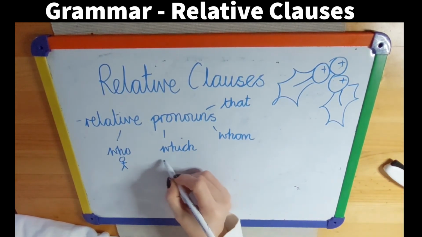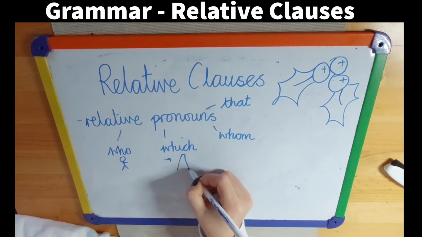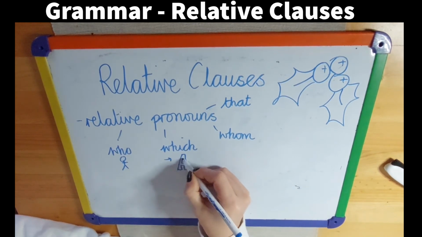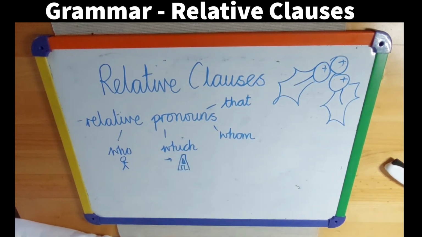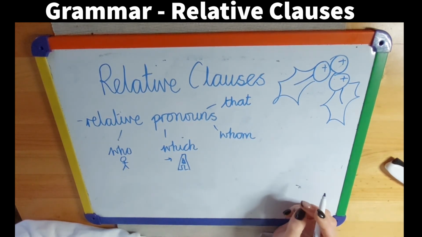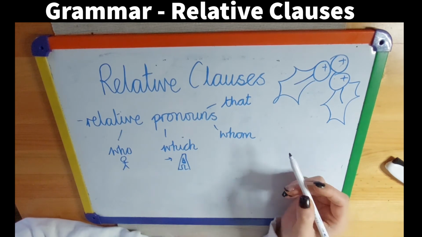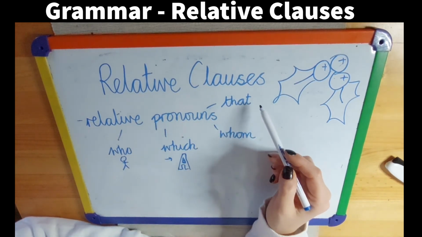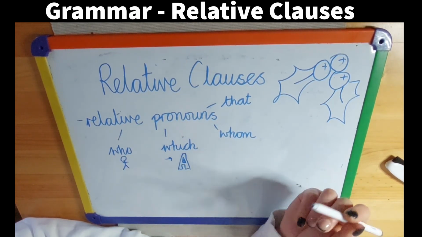So that can be about an object, because that describes an object. We could also write a sentence which has a relative clause using that.